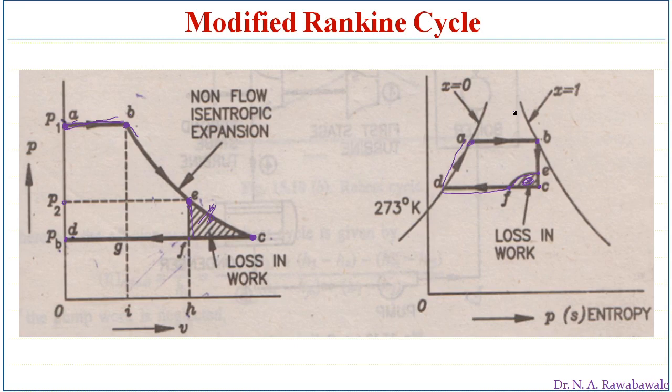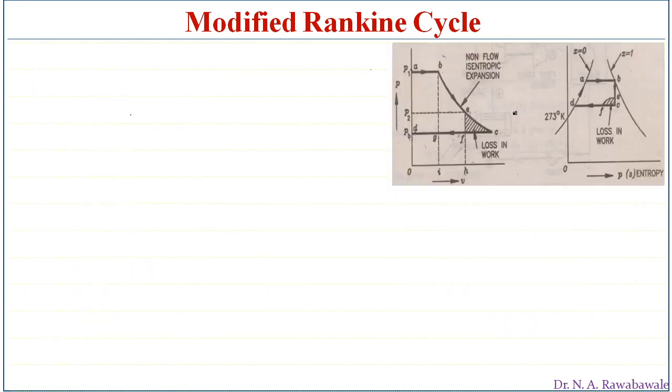The work done per kg of the modified Rankine cycle is given by the area ABEFdA.